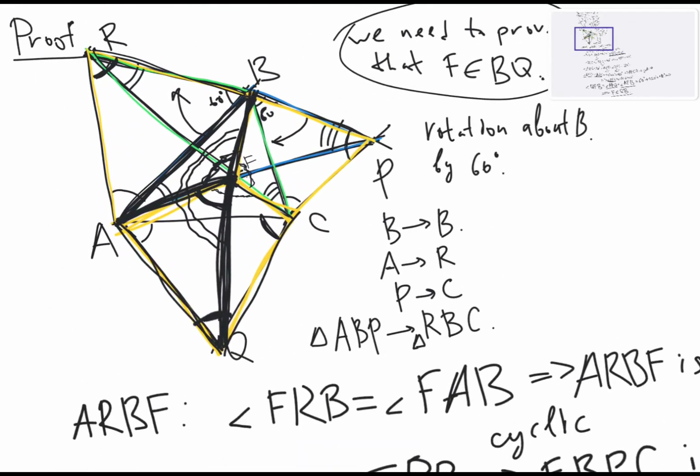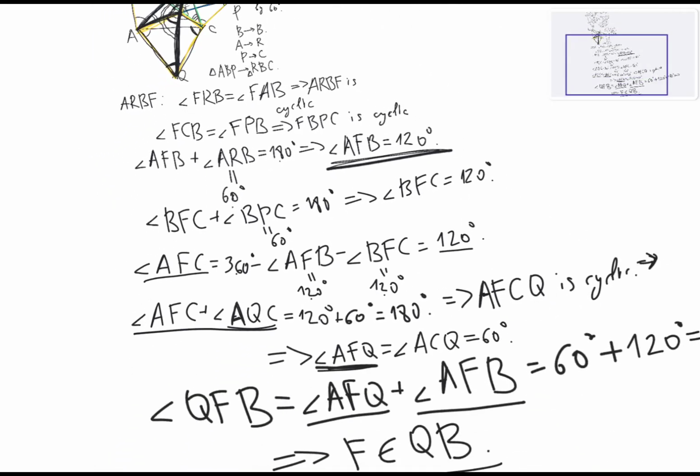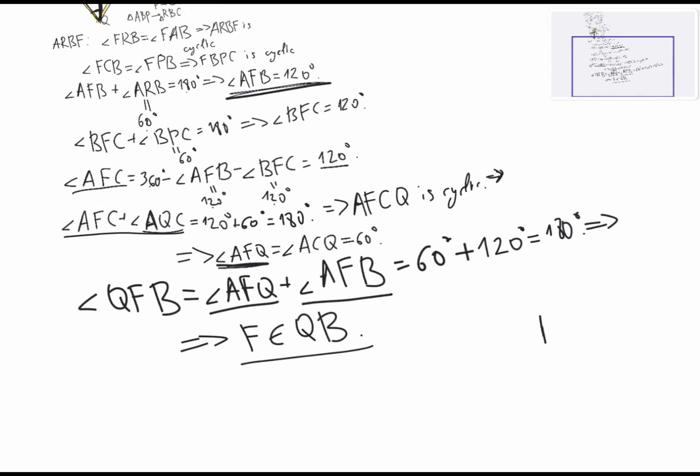So F belongs on BQ. It means that BQ passes through the intersection point of the other two lines, and it means that all three lines intersect at a single point, which is the first Fermat-Torricelli point of this triangle. So this concludes.